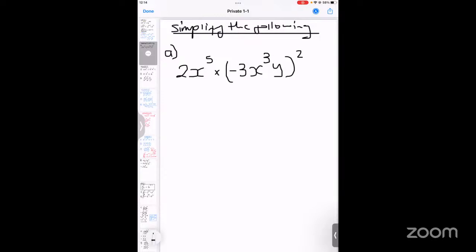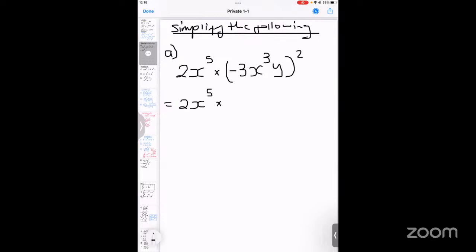Yes, I do. Okay. Without having to do it, where are you going to start, or what would you do? You want to start with the brackets? Yes, 100%. So that means we are going to say 2x to the 5.